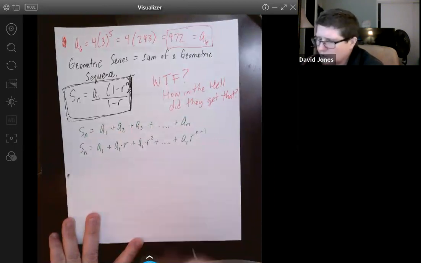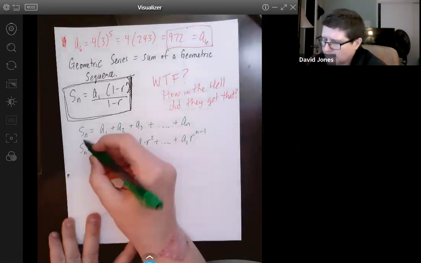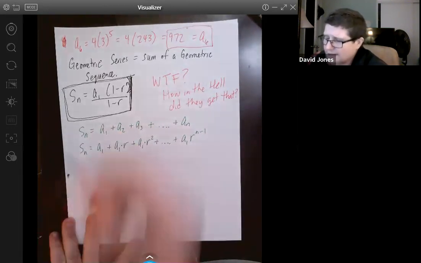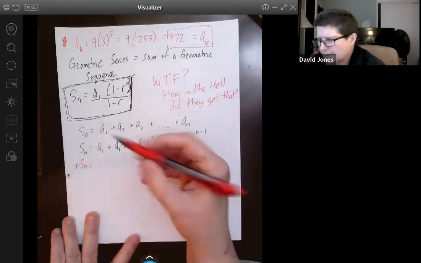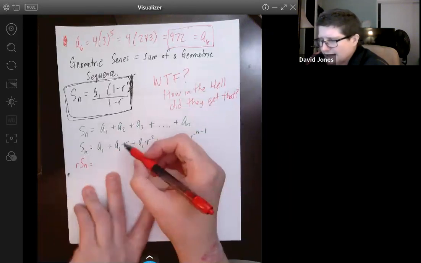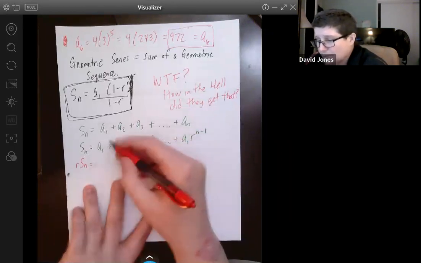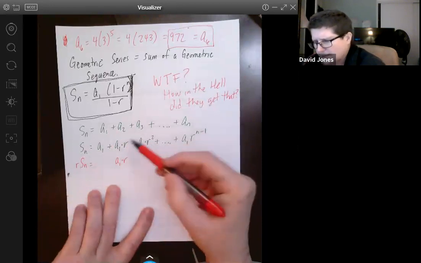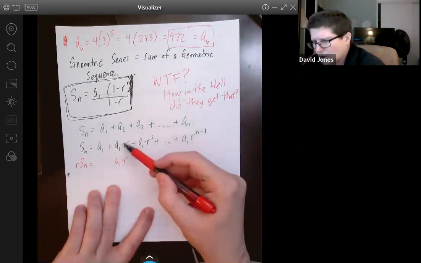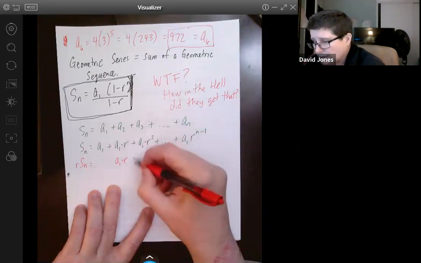And what is r times that? If I look at r times s sub n, I'm going to line them up underneath consecutive r's. So r times a sub 1 would be a sub 1 times r. And if I multiply this one by r, I'm going to get that one.